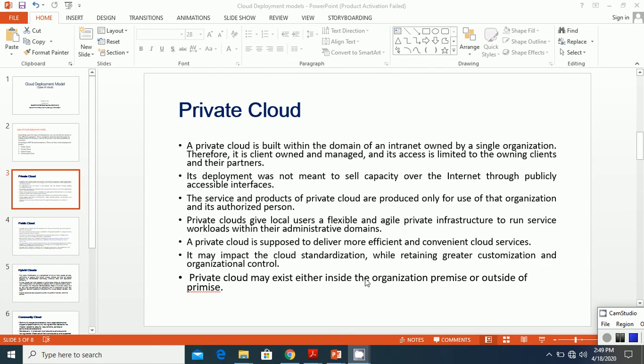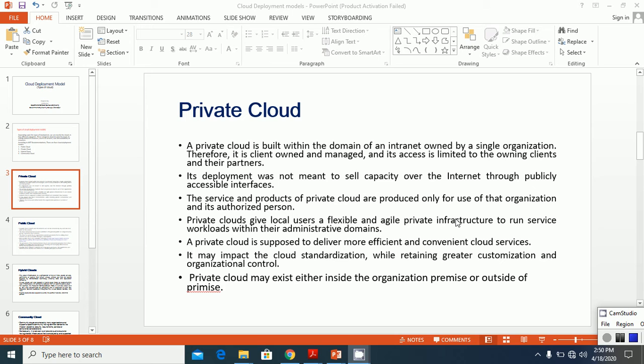Now, when we talk about the cloud deployment model, we are talking about which type of cloud this is, how this cloud is configured, or who is managing this cloud at the server side.